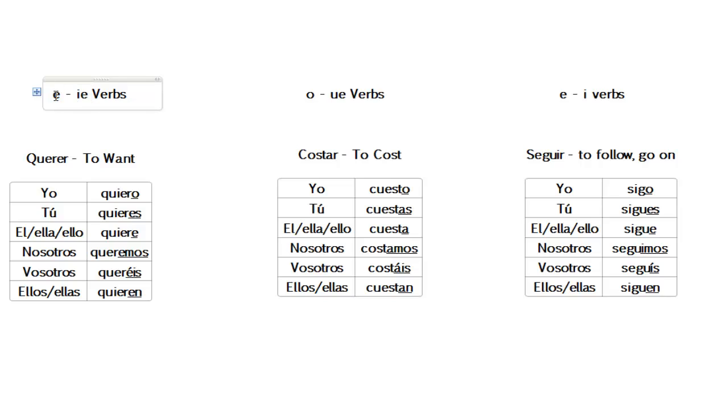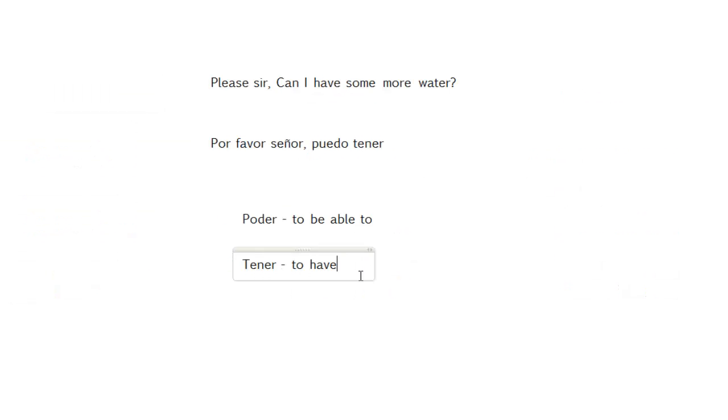So it's, for me, it's my Austin Powers, yeah baby. Alright. So, but it also has a special form. I have is tengo. Okay, so I think I mentioned this in previous videos that my mnemonic or memory trick is to think of Inspector Gadget. Alright, so you've got Inspector Gadget and Austin Powers.